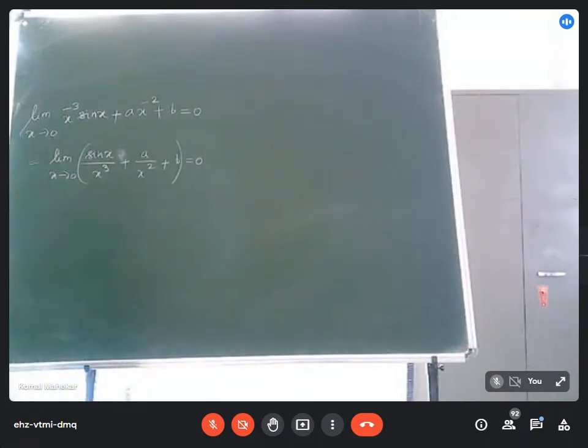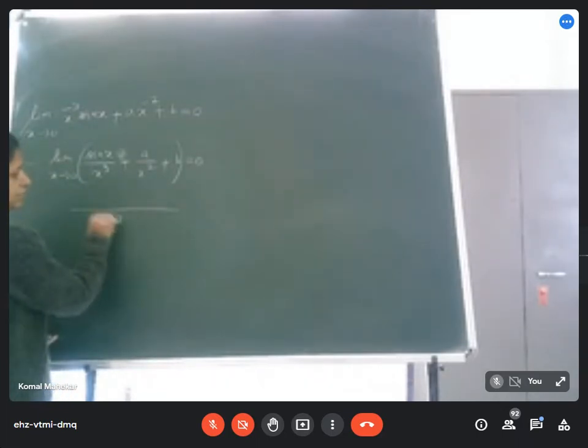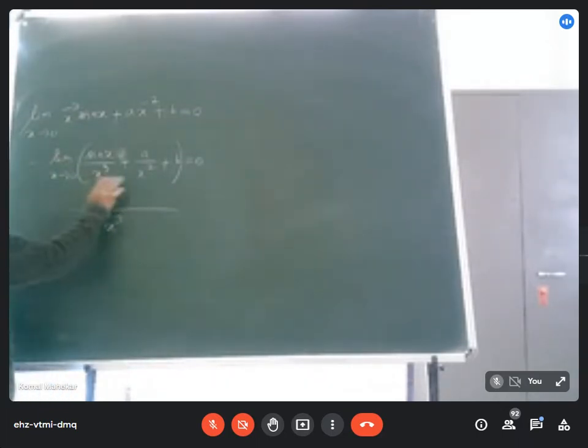So here you can take LCM. What will be the LCM for this function? LCM will be x raised to 3.